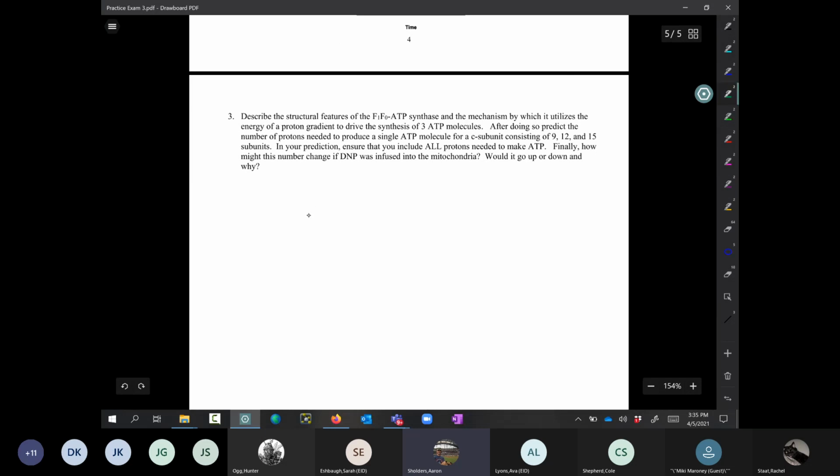Let's see here. We've got this C ring. Okay, so let's say that that's a C ring. And then just to the side of that would be this C subunit. The C subunit has these little channels.